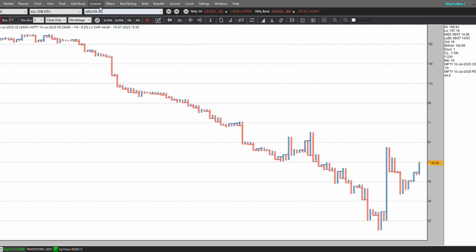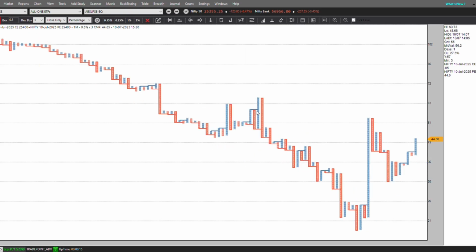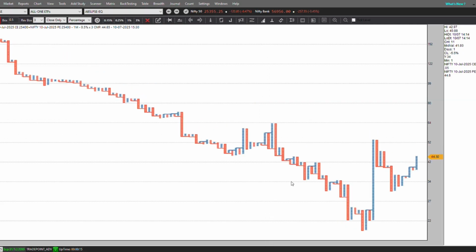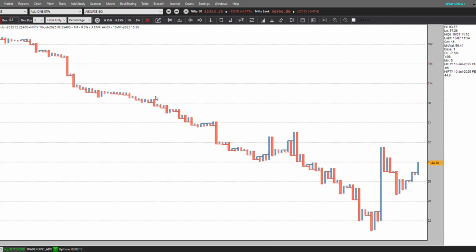I'll add another study, the bearish anchor column. So you will get a red outline in this chart. See these candles, we will get red outlines, which is the bearish anchor column.